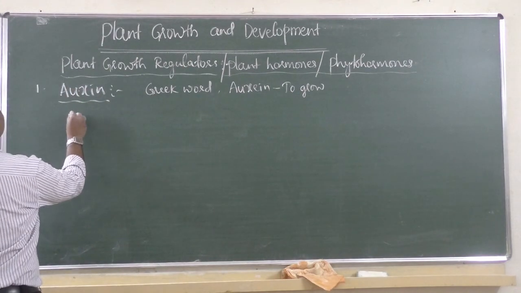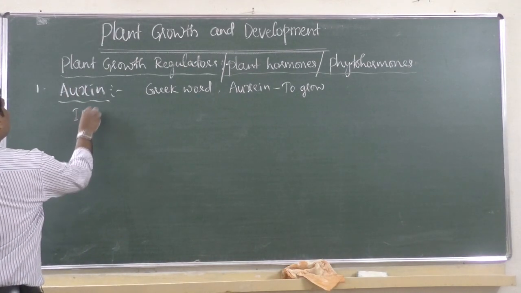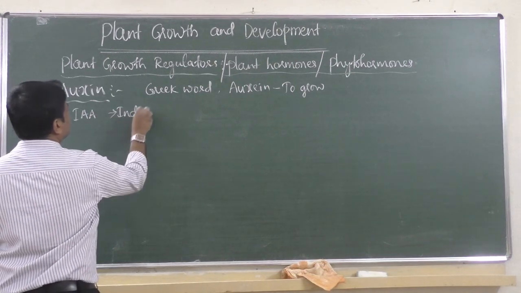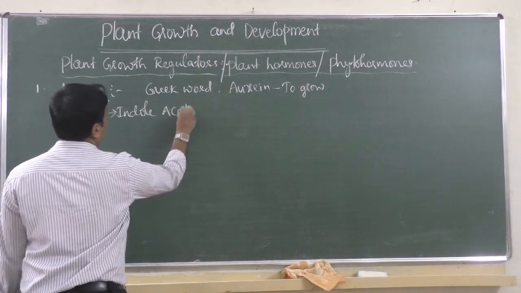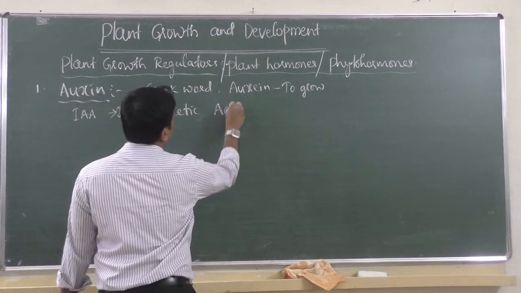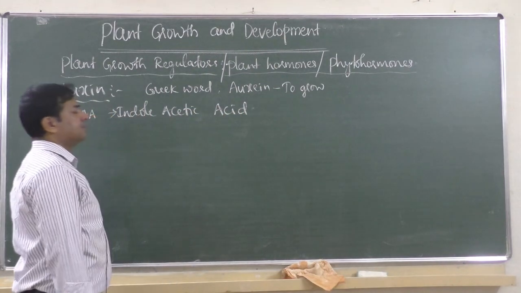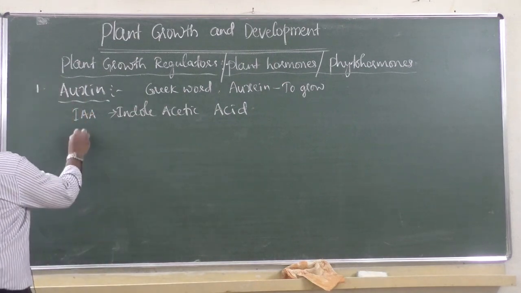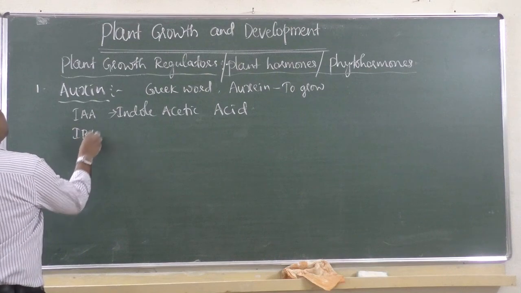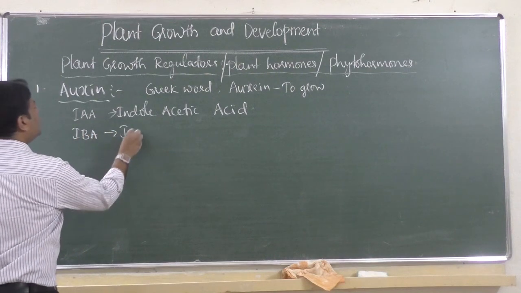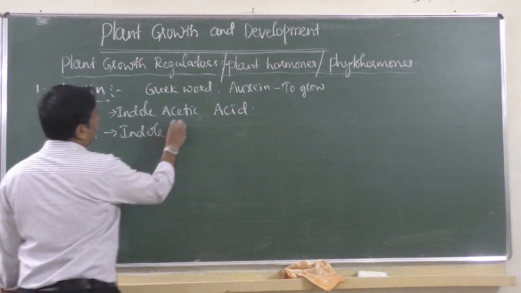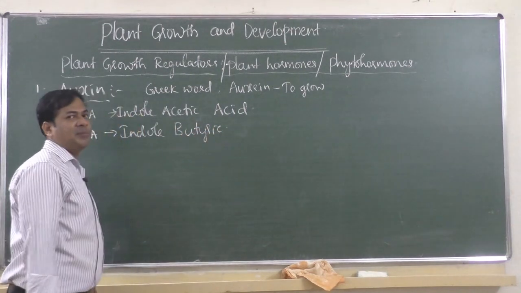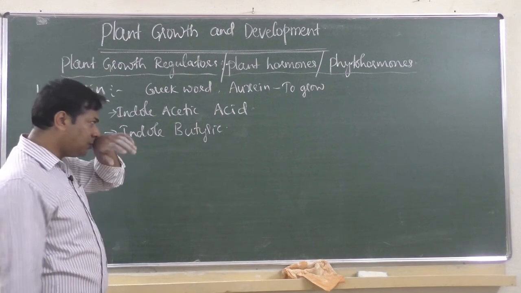Okay, the first one is IAA, in short, indole acetic acid, and this hormone is naturally produced. Indole acetic acid. Then IBA, indole butyric acid. In the last class we learned what type of chemicals they are. Auxins are indole compounds, no?